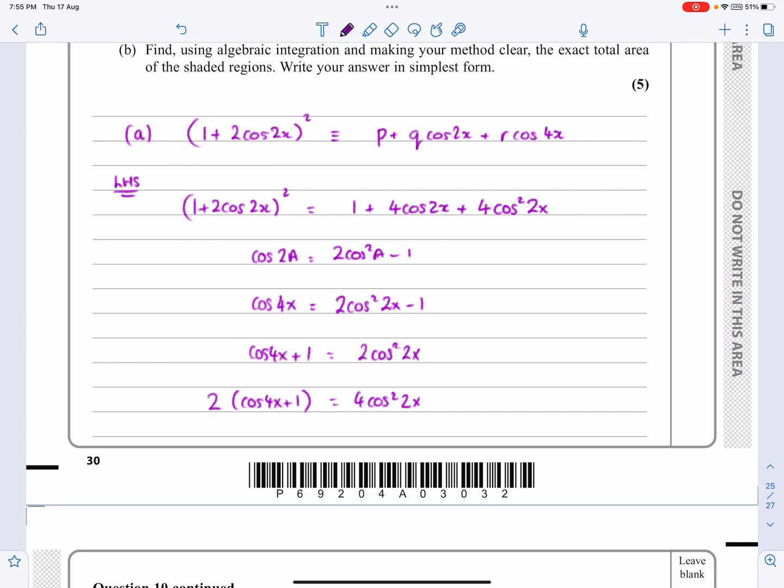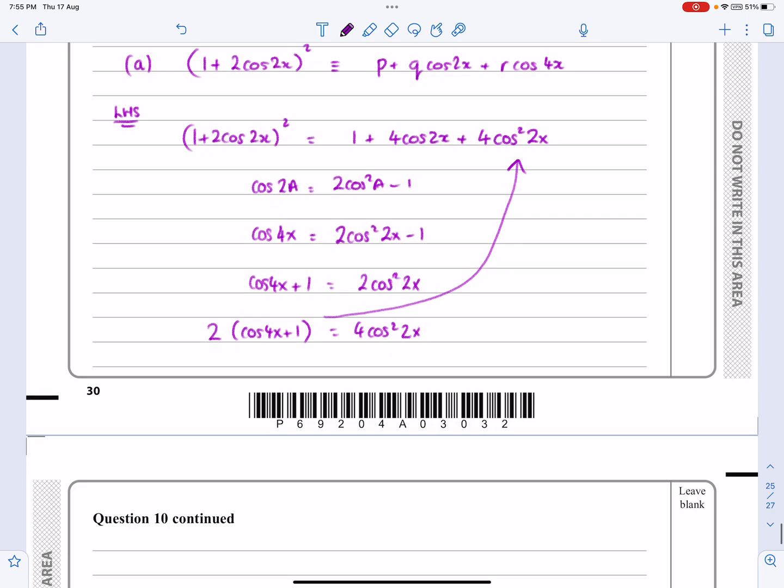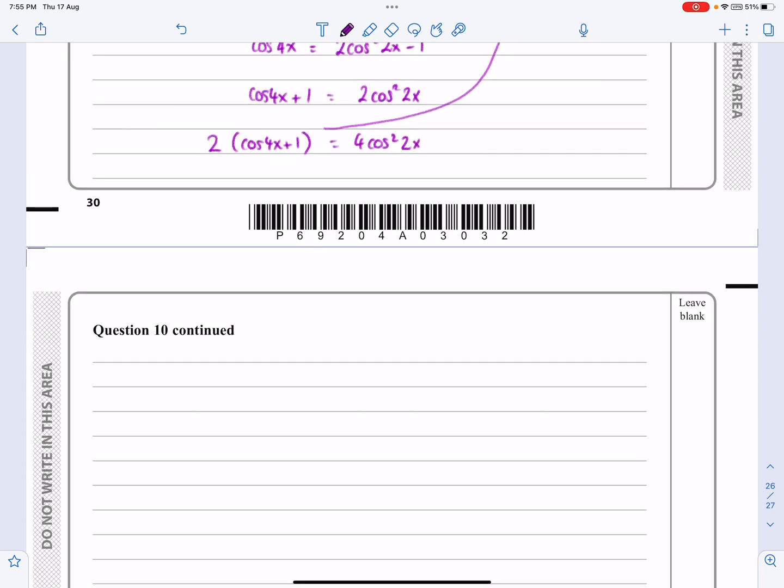So I can now make that substitution in there, and I'm going to get that (1 + 2cos2x)² then actually worked out to be 1 plus the 4cos2x plus 2 lots of (cos4x + 1), which all tidies up to 3 + 4cos2x + 2cos4x.